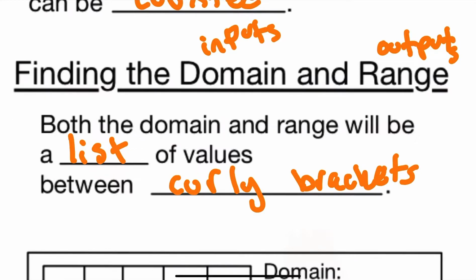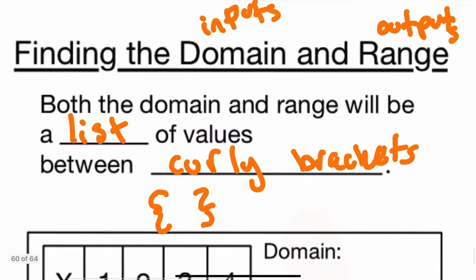But we're going to be really careful and make sure to put those in curly brackets like this. That's what I mean by curly brackets. So not like parentheses or like regular brackets. We want them to be curly brackets. That's just specifically a math way to show that you're showing a list of things and not like a coordinate or something like that, okay?